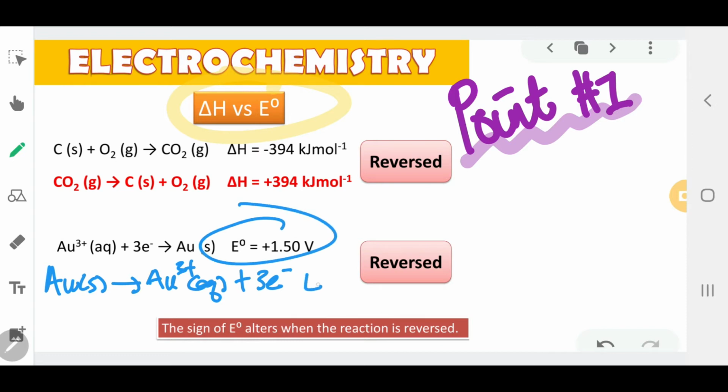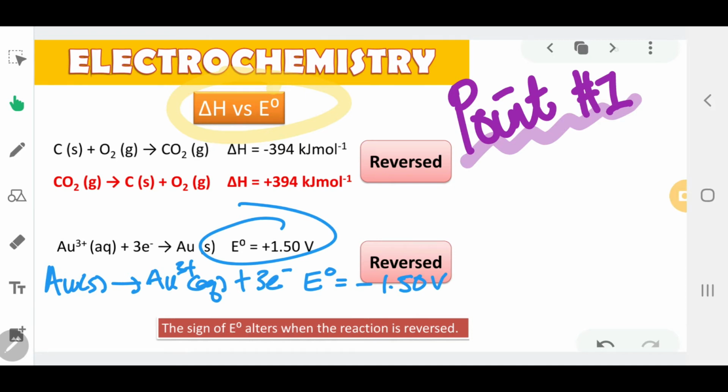You will get E0 equals negative 1.50 volts. Just like the enthalpy, the standard reduction potential value changes sign if you reverse the reaction, as I have noted right here. The sign of E0 changes when the reaction is reversed. In that case, it is the same as the enthalpy which you have learned in the thermochemistry chapter.